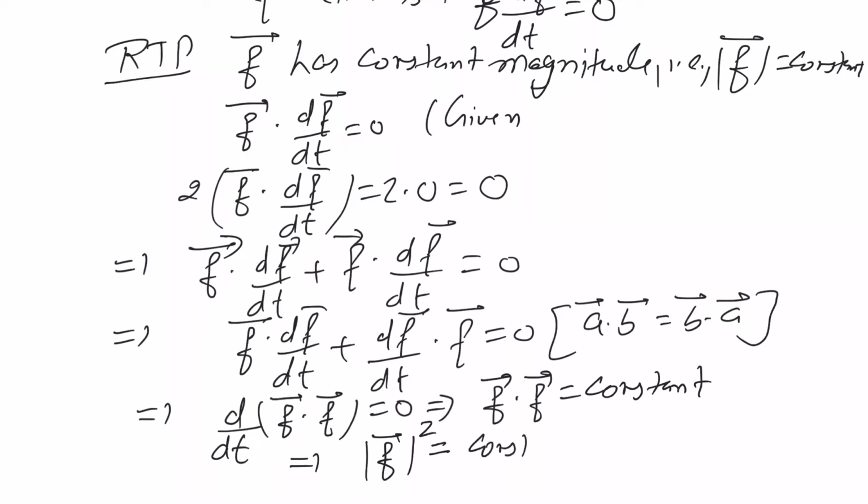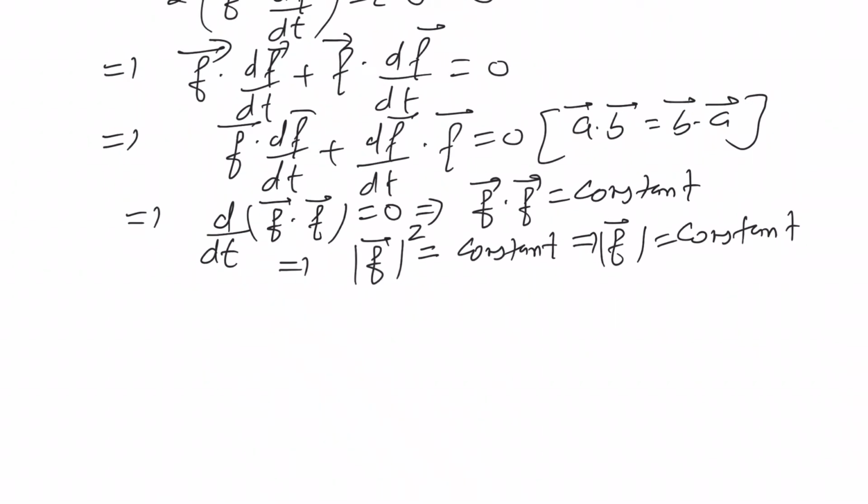This is constant, and if it is constant, this implies that the square root of a constant is also constant. This implies f has constant magnitude.